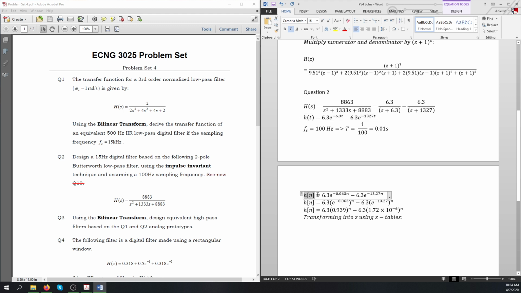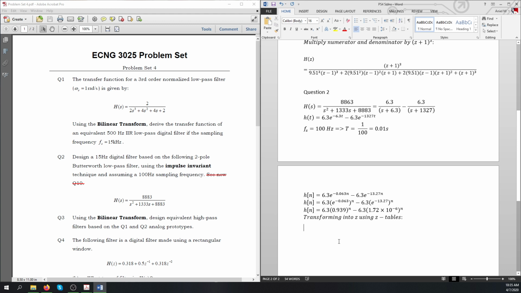Push this into h(n) because you have a sampling frequency, so you get the sampling time from the sampling frequency. Then from h(n) you transform into H(z). That's just how the impulse invariant design technique works. It's a more roundabout fashion: H(s) to h(t), then to h(n), then to H(z).